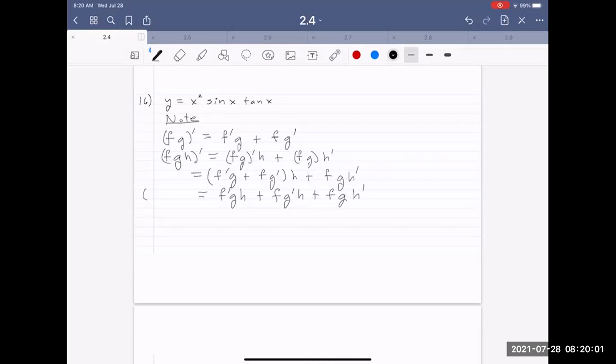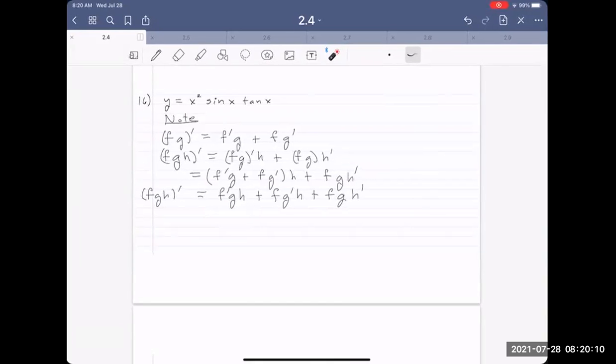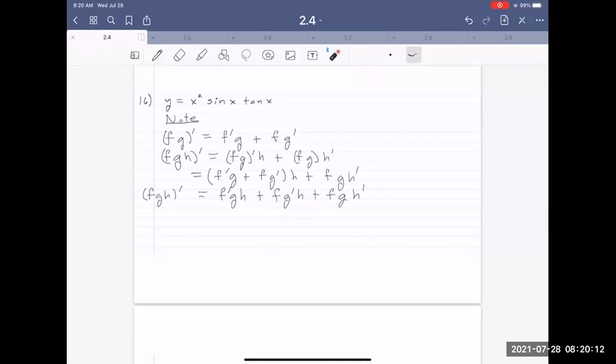Notice the derivative of the product of these three terms is the derivative of the first times everything else, plus the derivative of the second times everything else, plus the derivative of the third times everything else. You can continue in the same vein no matter how many terms you have. You just take the derivative of each of them and multiply by everything else, not taking derivatives of those.